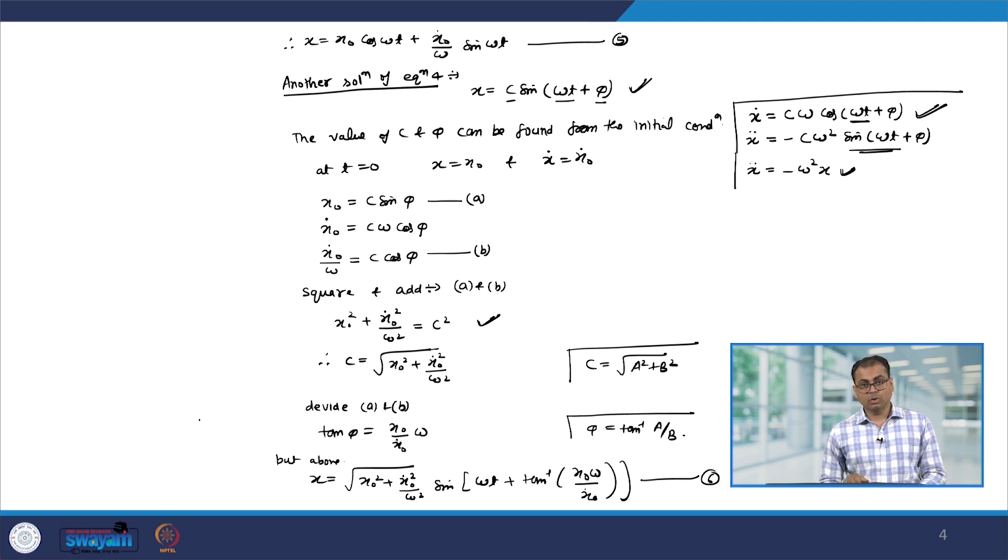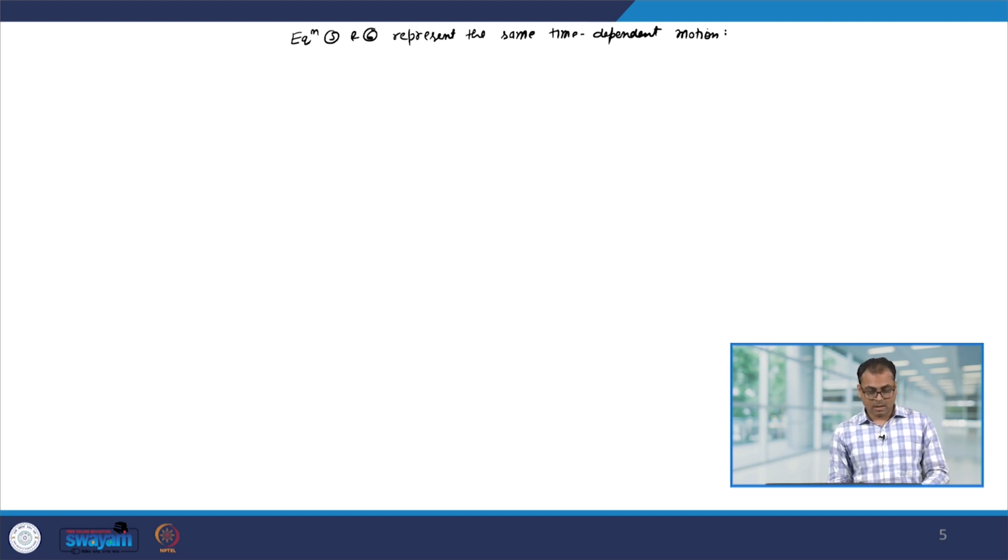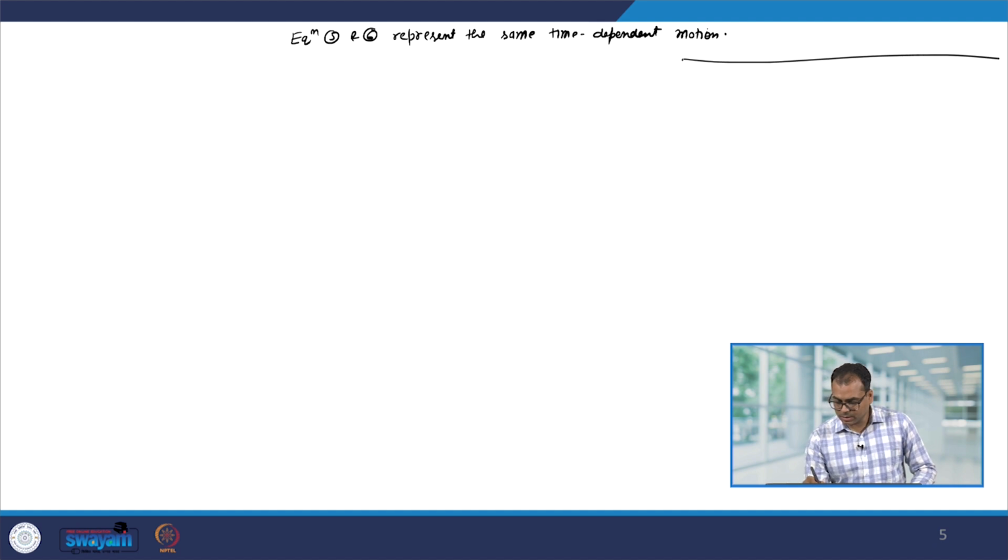So, we have found two solutions of the simple harmonic motion. One is given by equation number 5 and the other one is given by equation number 6. Since they represent the solution of the same simple harmonic motion, the solution has to be the same. So, let me write down that equation number 5 and 6 represent the same time dependent motion. Let me just summarize the result.